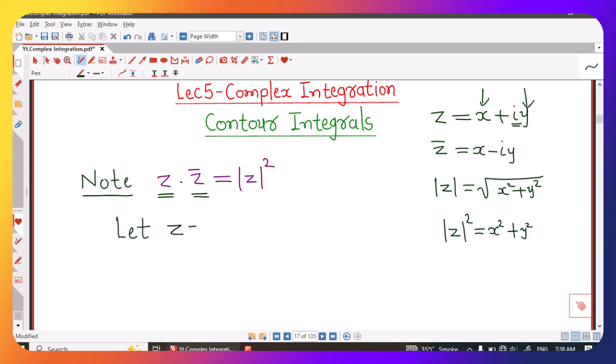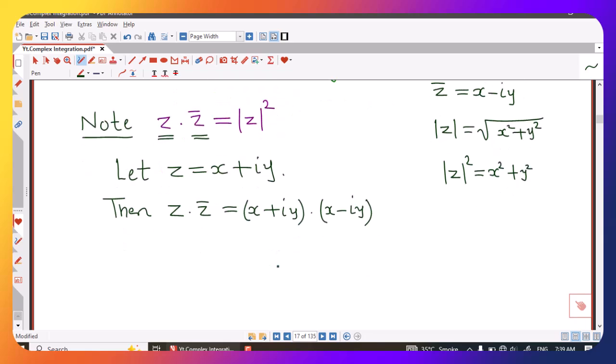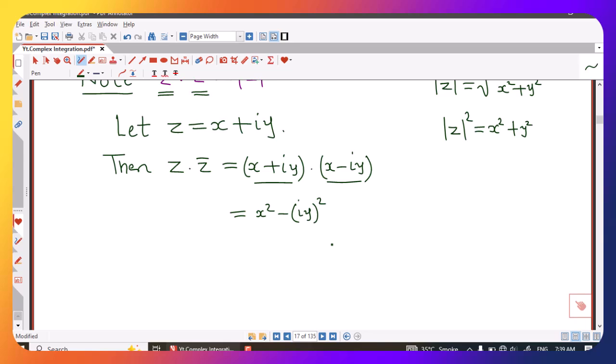Suppose we take z equal to x plus iy, and then we multiply z with z bar. Here z is x plus iy and z bar is x minus iy, and we can apply the formula a plus b times a minus b equal to a square minus b square. We consider a equal to x and b equal to iy, and this gives x square minus i square y square.